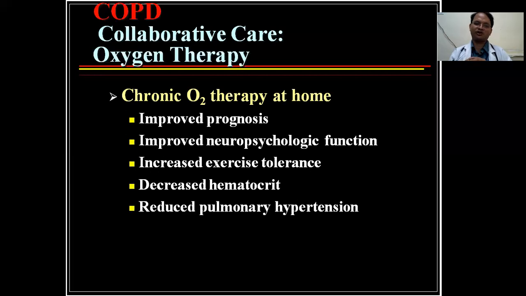Chronic oxygen therapy at home improves the prognosis, it also improves neuropsychological function, there will be increased exercise tolerance, and a decrease in the hematocrit, the packed cell volume will be less. Oxygen also helps to reduce the pulmonary arterial pressure.